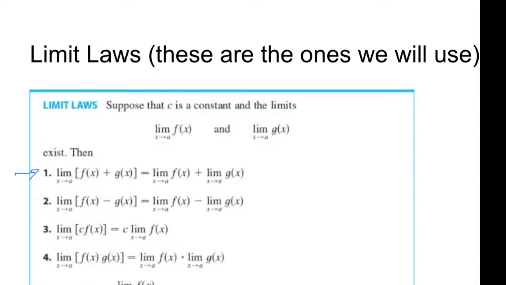And again, we're getting into some more abstraction, but it's just saying the sum of the limits is equal to the limit of the sum. We'll see the words in here. Again, intuitively it may make sense.